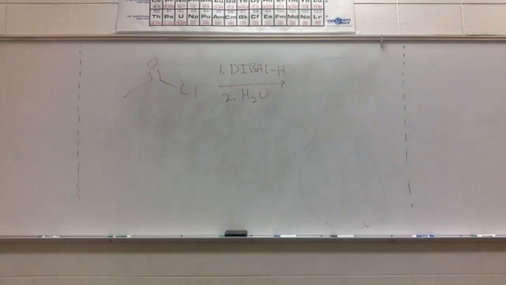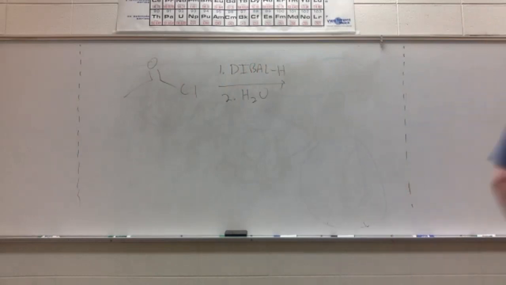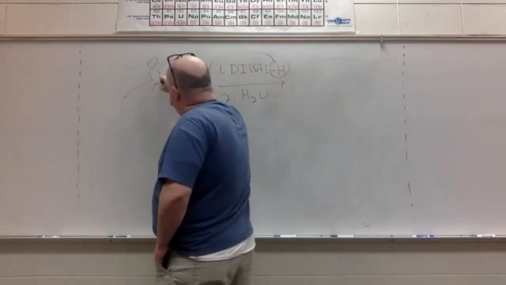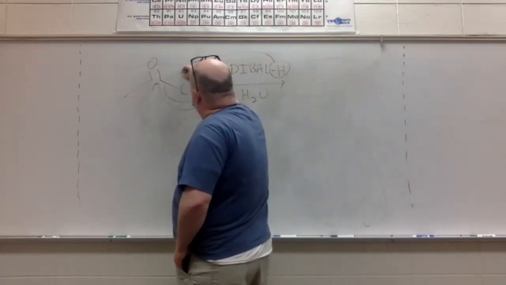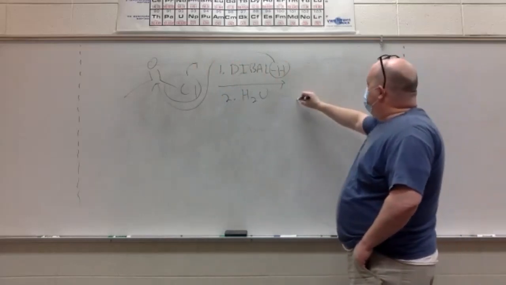Mechanism-wise, everything runs as you would expect. What's DIBAL-H going to do? It's going to give up a hydride, and as we've seen, hydride likes to attack carbonyl carbons. When it does so, the leaving group can leave. And that gives you an aldehyde.